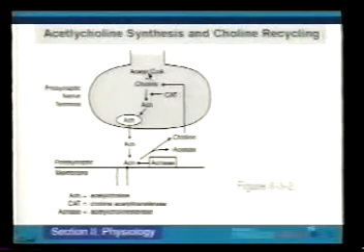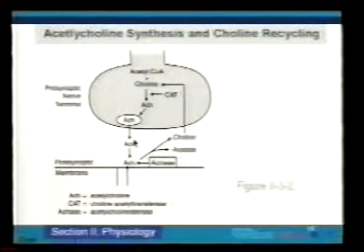You use acetyl-CoA as a substrate and choline, and what catalyzes this synthesis is choline acetyltransferase. So acetylcholine is synthesized in the nerve terminal. Once it is synthesized, it is packaged in vesicles and released in a quantal manner into the synaptic cleft.